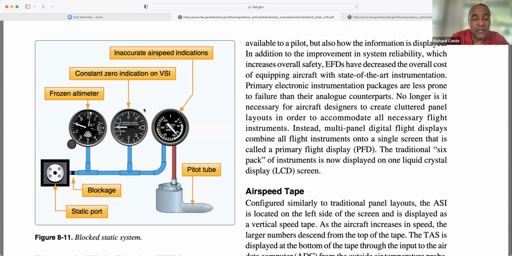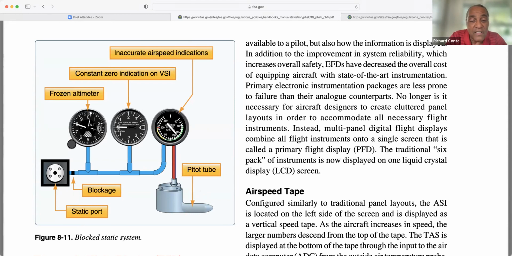Obviously, the system itself tells you it's the pitot-static. The pitot refers to the pitot tube, and the static refers to the static port. The 3 instruments that work off of that are the airspeed indicator, in the middle the VSI, and then the altimeter.